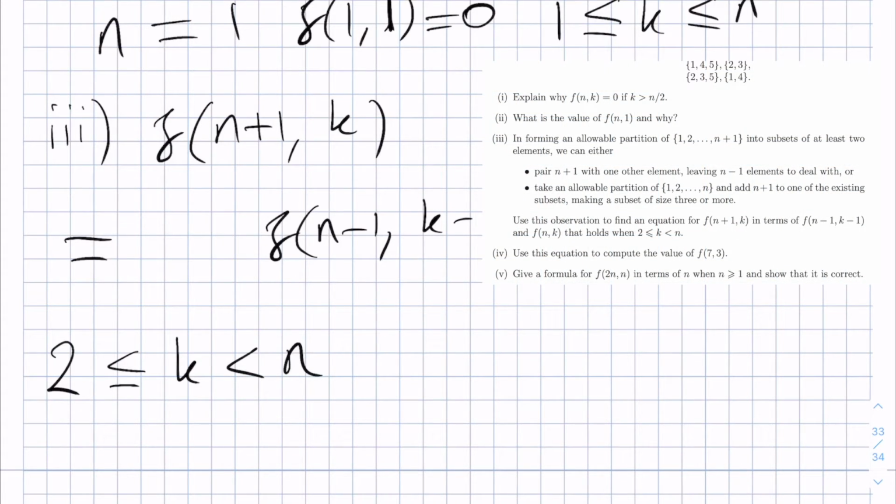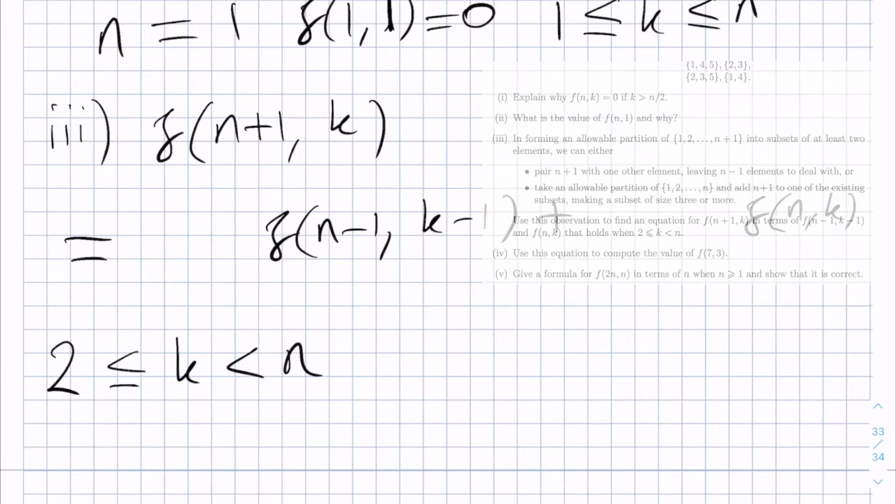The first bullet point says pair n plus 1, the element on the end, with one other element between 1 and n, leaving n minus 1 elements to deal with, and then we'll have k minus 1 subsets because we'll have one subset corresponding to the pair of n plus 1 with one of the numbers between 1 and n.